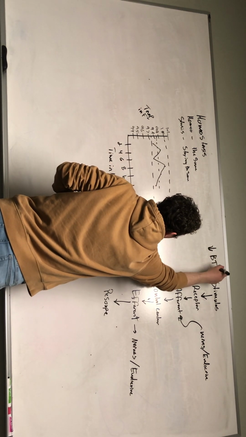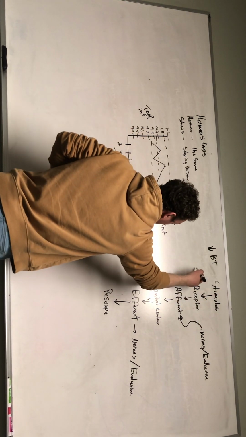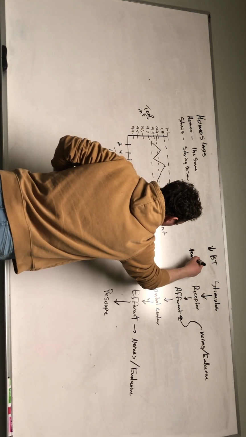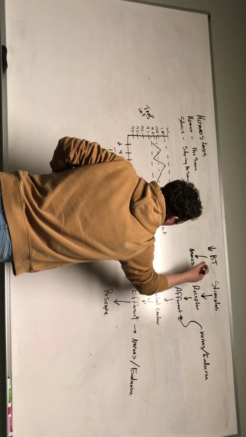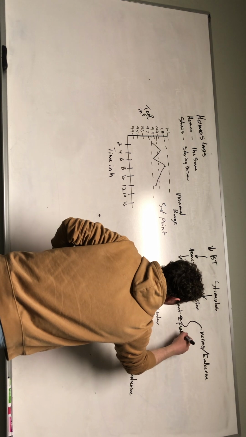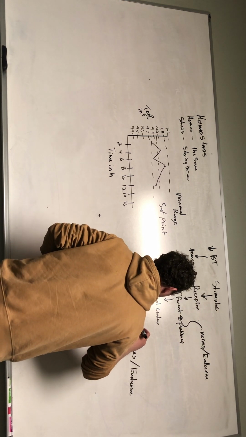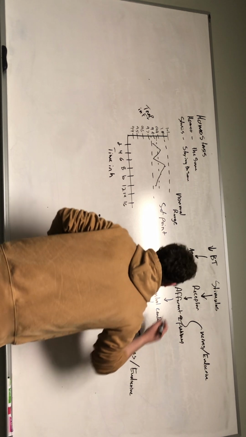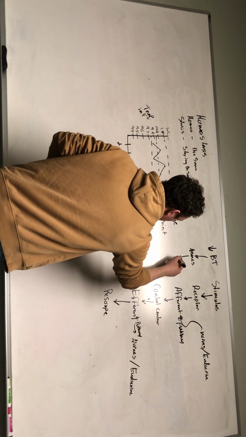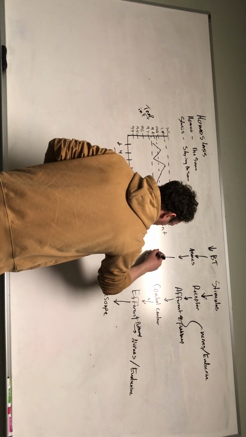So to show you what this looks like, let's say the stimulus was a drop in body temperature, so it's cold. The reception is picked up by the nerves and sent through the afferent pathway to the control center, which is usually the brain.